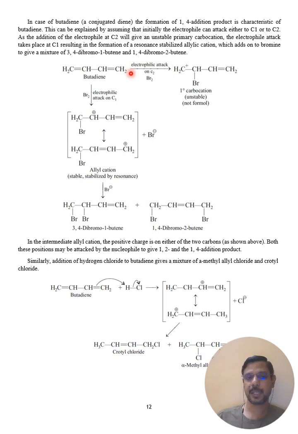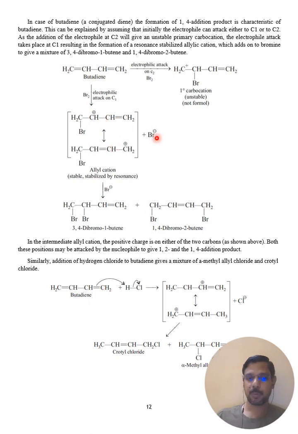If the hydrogen attacks the C2 carbon, we will have a primary carbocation. Whereas if the hydrogen attacks the C1 carbon, we will have an allylic carbocation. So the allylic carbocation will be stabilized by the resonance structure, whereas in the primary carbocation there is no stabilization effect, right? So it cannot be stabilized. So the allyl carbocation is the most stable, right?